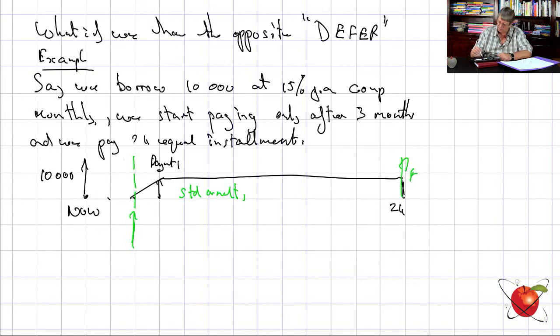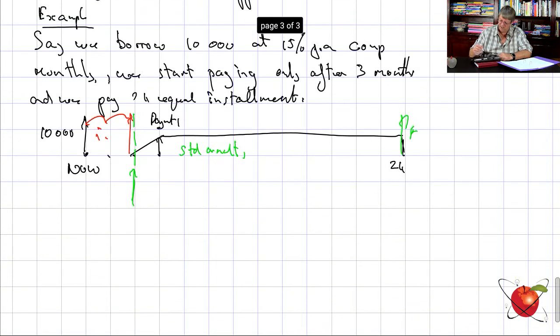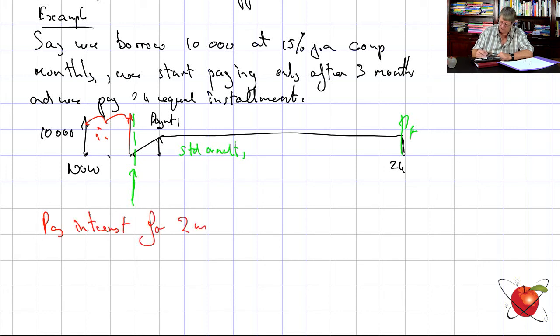But now there's a little problem. The little problem is that for 2 months, I have got money that is the bank's money. So they would say, the 10,000, I am going to charge you interest over that 2-month period. We pay interest for 2 months. But we don't pay it, we capitalize it, we add it on to the number.